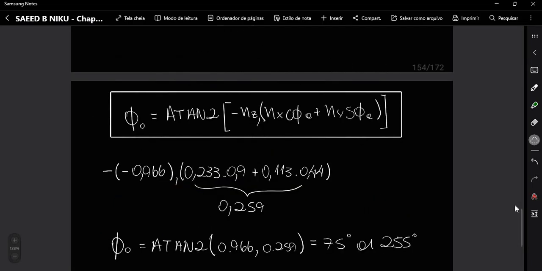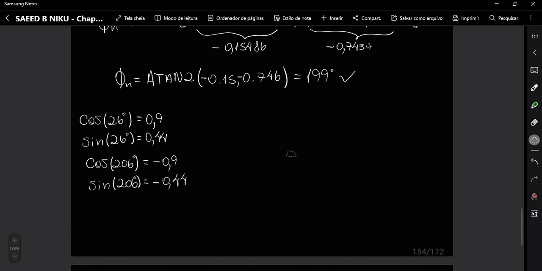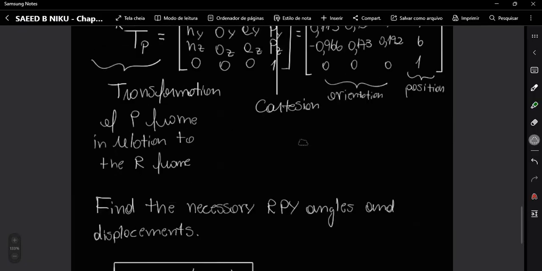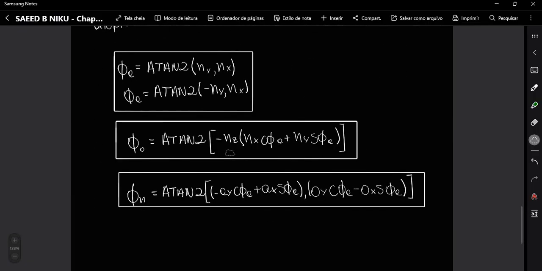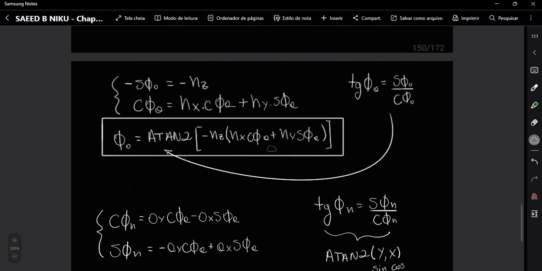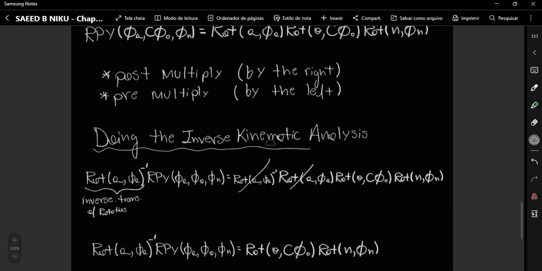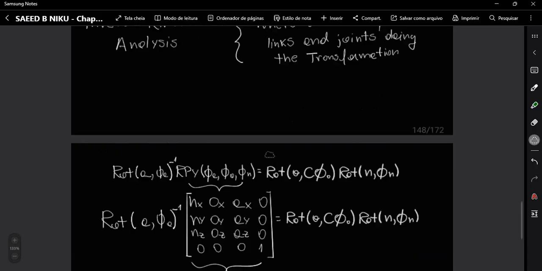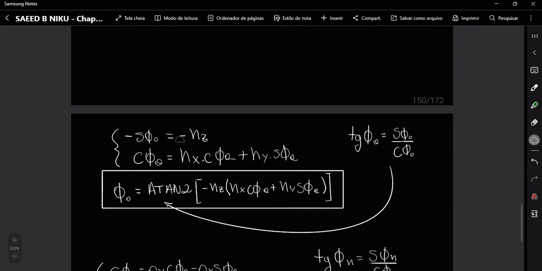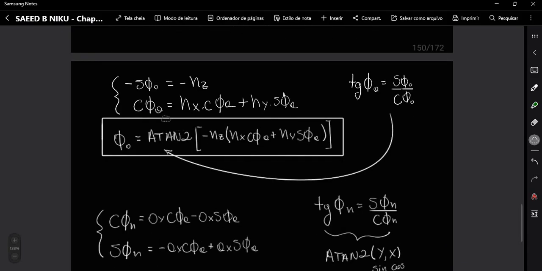let's try to find another clue to solve for. Let's see now is for phi O. How can we solve for phi O? We solve for phi O this way.